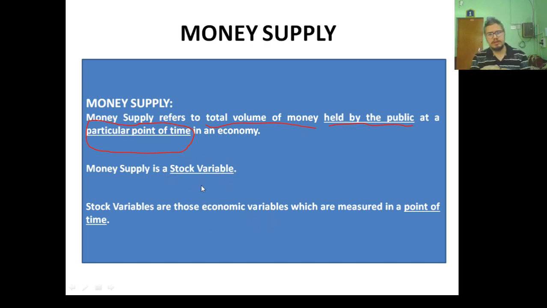In order to understand the difference between stock variable and flow variable, let us discuss an example. Then you will be able to understand the meaning of stock and flow.